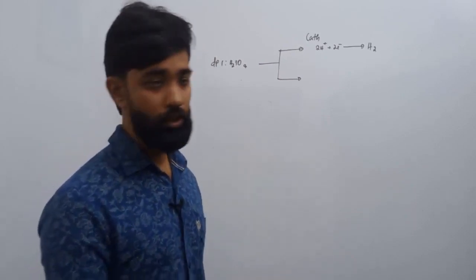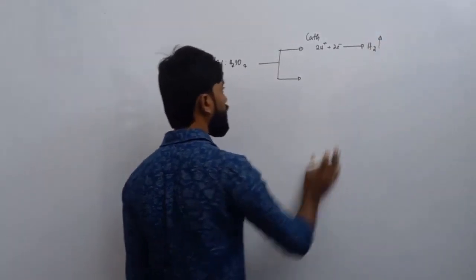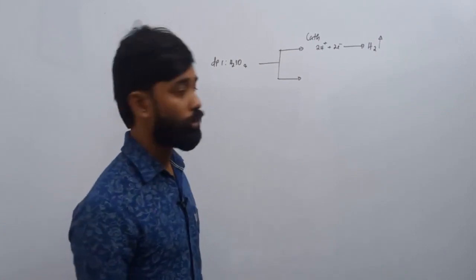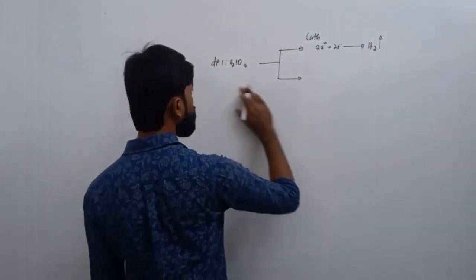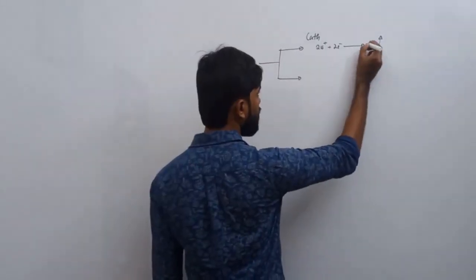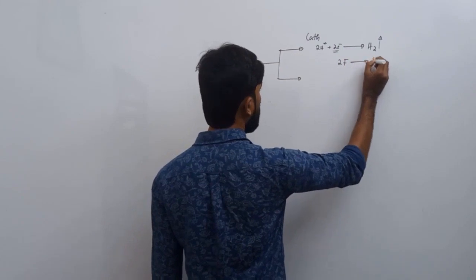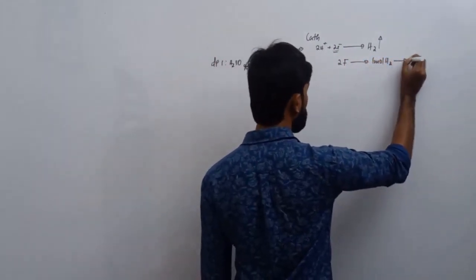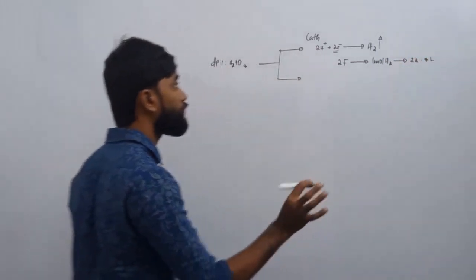In the cathode, hydrogen will be evolved because the reduction is of water, and the electrons involved are 2. So 2 faradays applied, 1 mole hydrogen liberated. 1 mole hydrogen means 22.4 liters of hydrogen at STP liberated at the cathode.